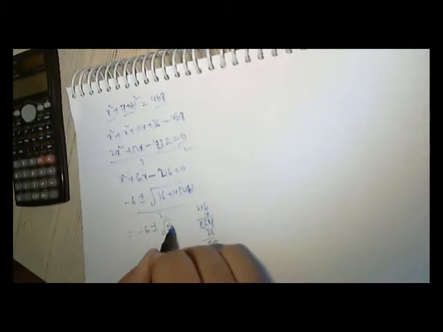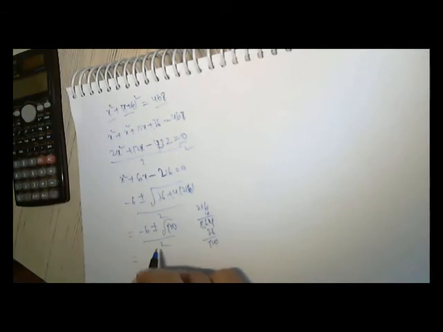Root of 900 by 2. So minus 6 plus or minus root of 900, which is 30, by 2.